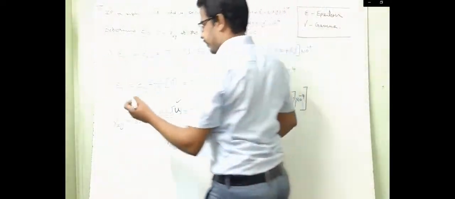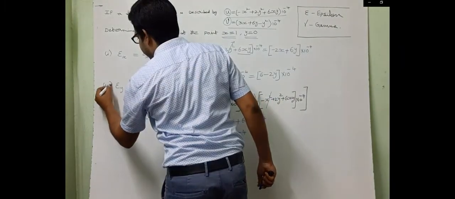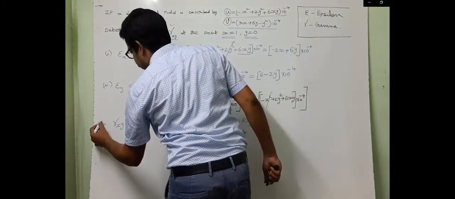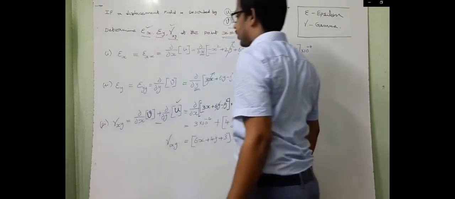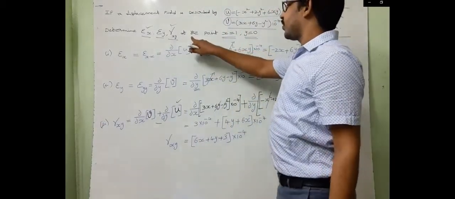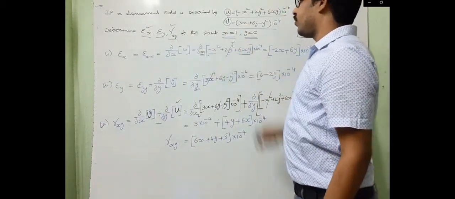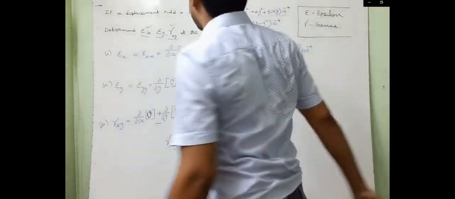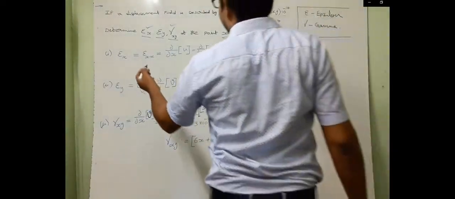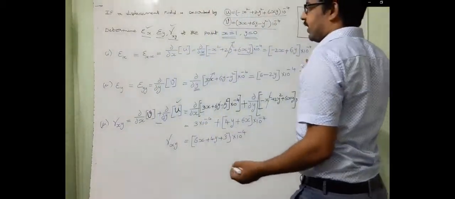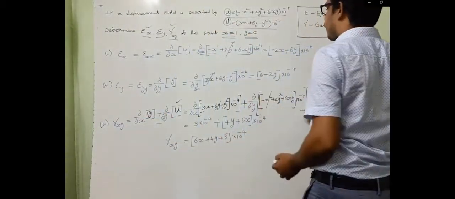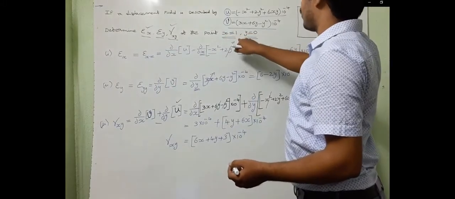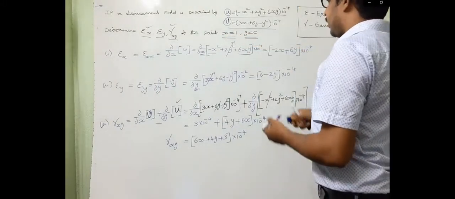This is the second one and third one. Now we need to substitute the point x equal to 1 and y equal to 0.